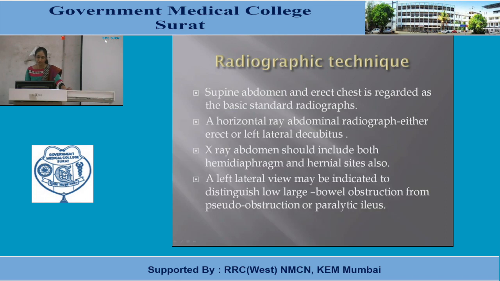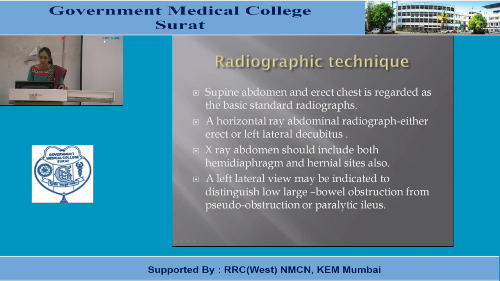What is the radiographic technique? Supine abdomen radiograph and erect chest are regarded as the basic standard radiographs. But a horizontal abdominal radiograph, either erect or left lateral decubitus, is also sometimes indicated.